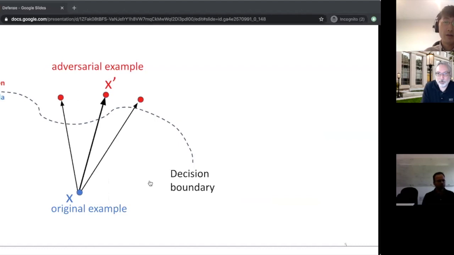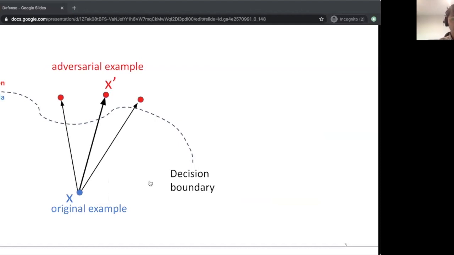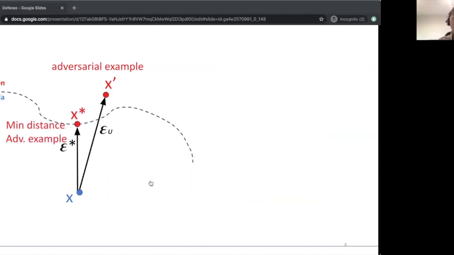There are actually many ways to perturb the original example across the decision boundary to change the model's output. However, there's an optimal X star, which is the closest point to the original X among all points that are classified as a gibbon.